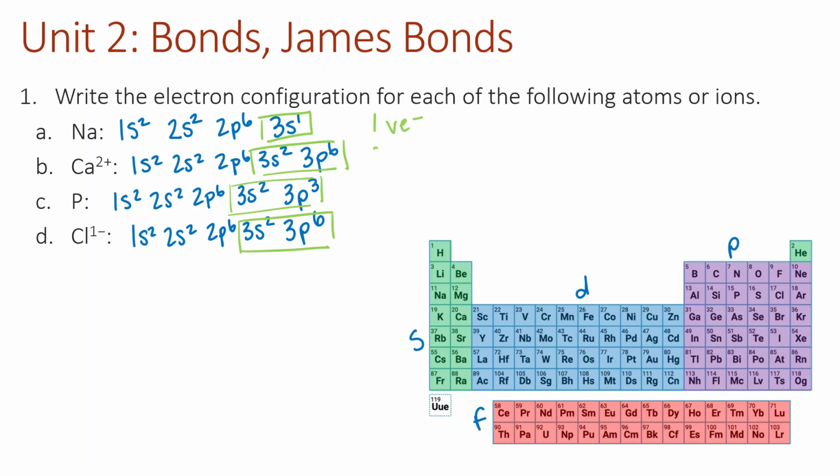Calcium plus 2 has 8 valence electrons. Phosphorus has 5 valence electrons. And chloride here is going to have 8 valence electrons. So calcium and chloride here have a full octet because they've gained or lost electrons to get to that octet.